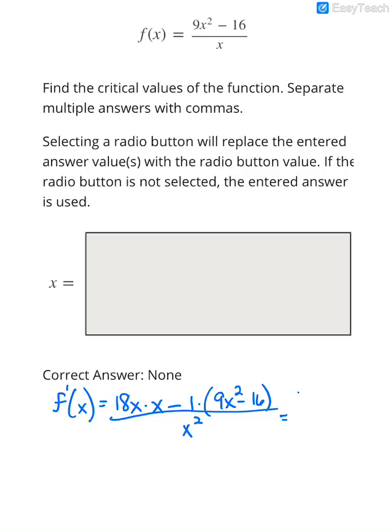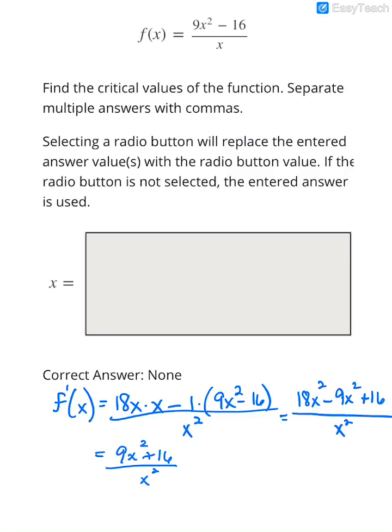So when I go to simplify this, I have an 18x squared minus a 9x squared. That becomes plus a 16, all divided by x squared. So 18x squared minus 9x squared would leave me with a 9x squared, and that is plus 16, and then divide it by x squared.